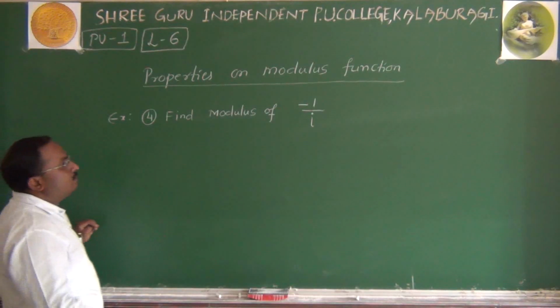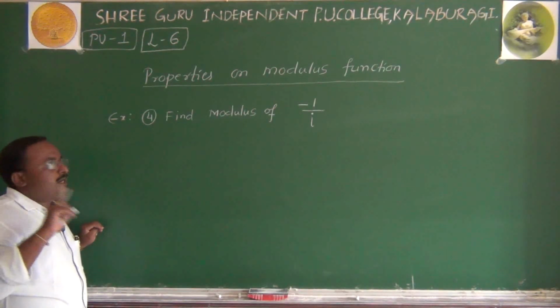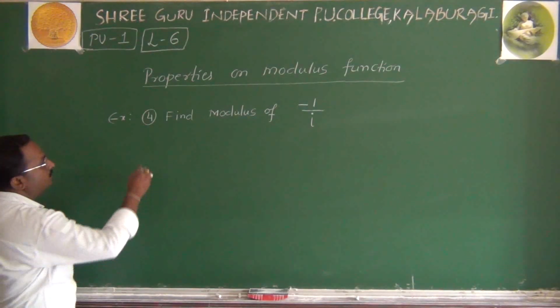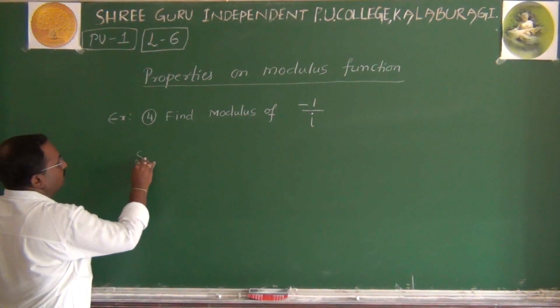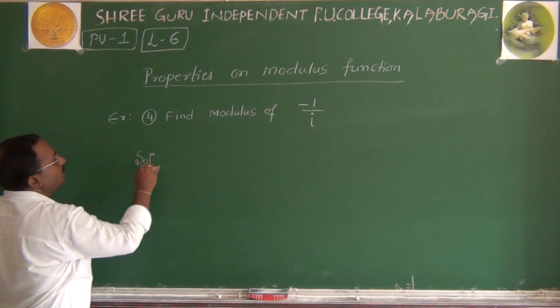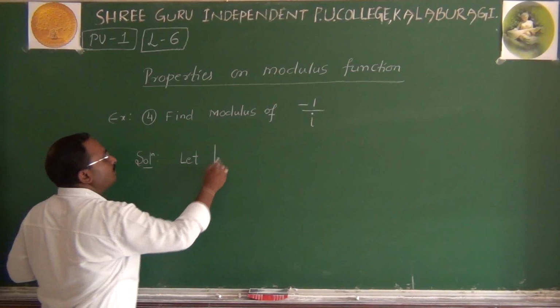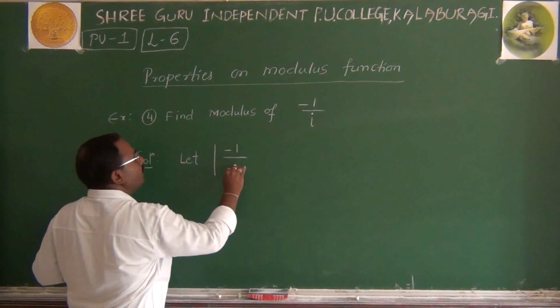According to the note, minus 1 by i is plus i. Otherwise, if you take the modulus, solution: let the modulus of minus 1 divided by i.